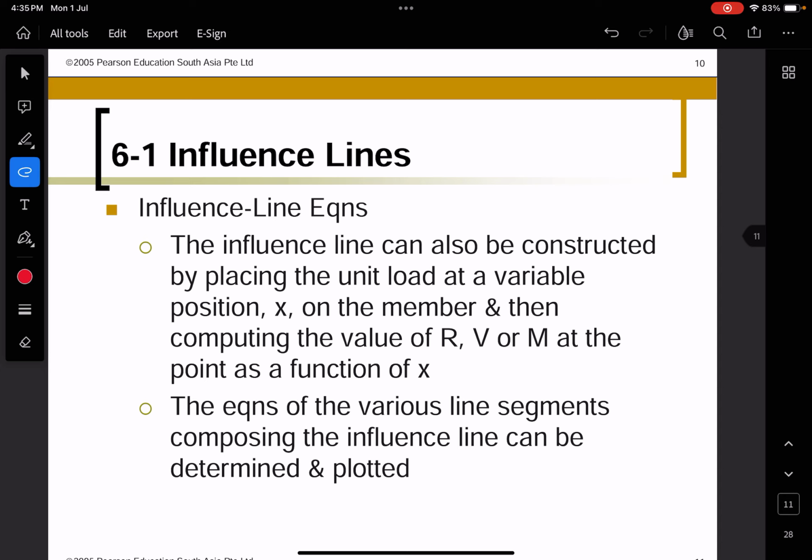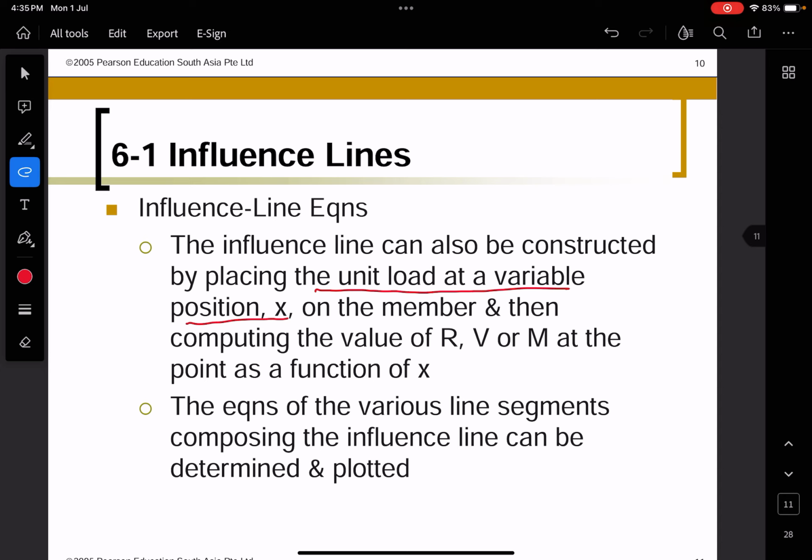The second approach is that you can construct the influence line still by using a unit load, placing a unit load at a variable position, at any distance. You can choose the distance and call it x.